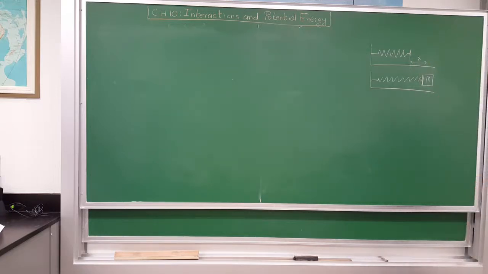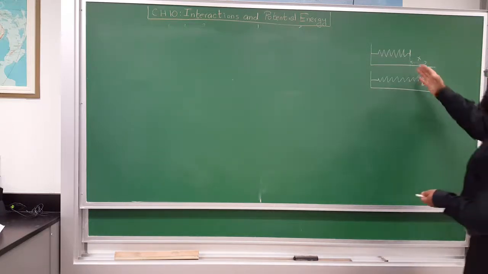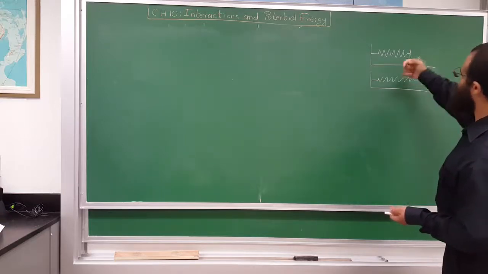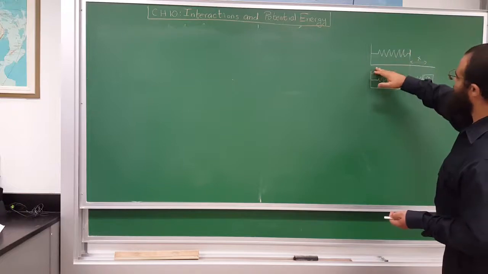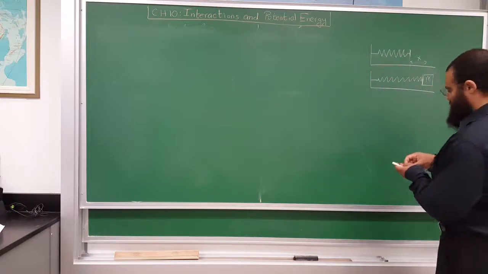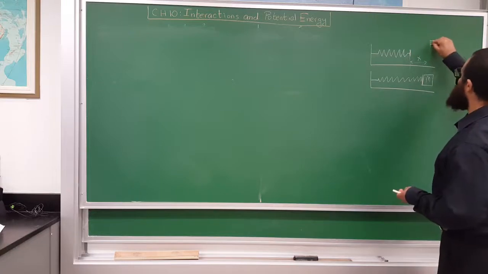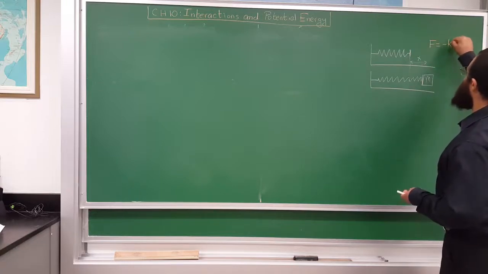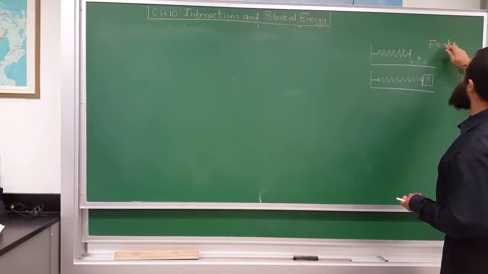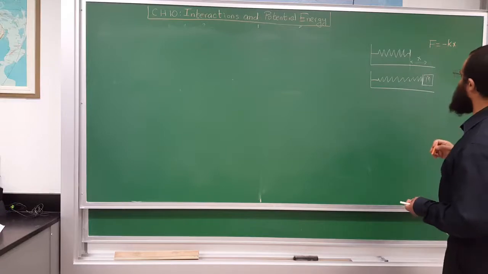And remember, we said the force of the spring will be, if x is positive, if x is to the right, the force will be to the left. And if x is to the left, if you compress the spring, the force will be to the right. And we said that force was equal to negative k times x. So when you plug in positive x, the force is negative, and when you plug in negative x, the force will be positive, meaning to the right.